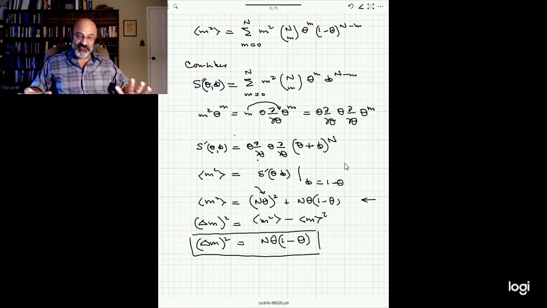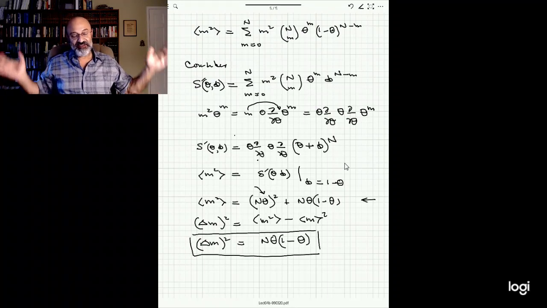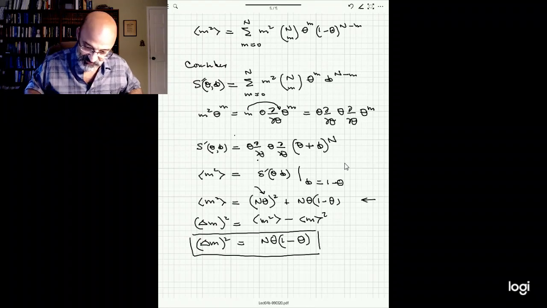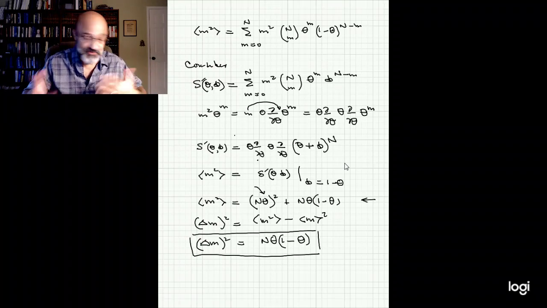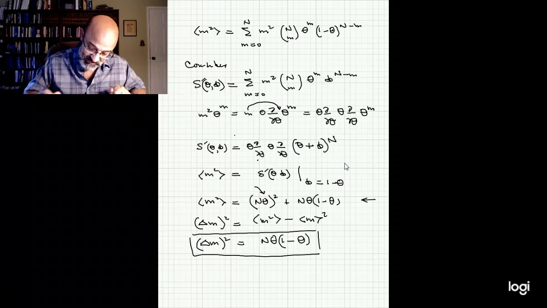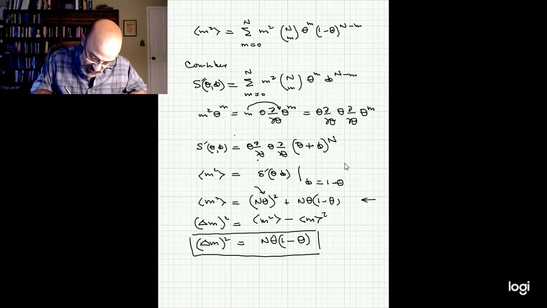Just calculations, but the tricks are useful. You have plenty of homework to fool around with these things to get the feel for it. I'm sure you've seen this in one form or another before, but it's a good idea to remind ourselves how these tricks work. What else do we have to say? Yes. When we do the actual RMS deviation, the standard deviation, we have to take the square root of this.